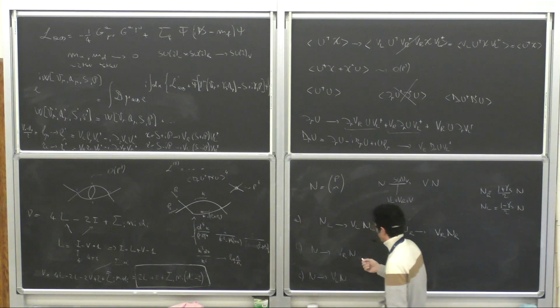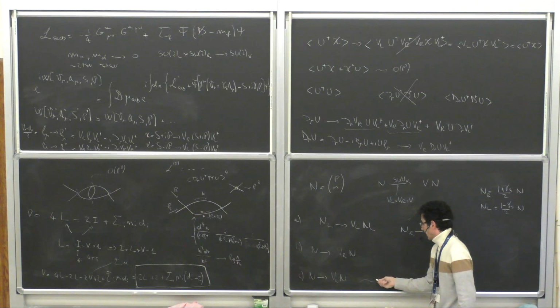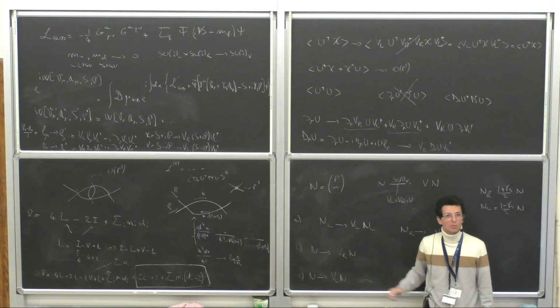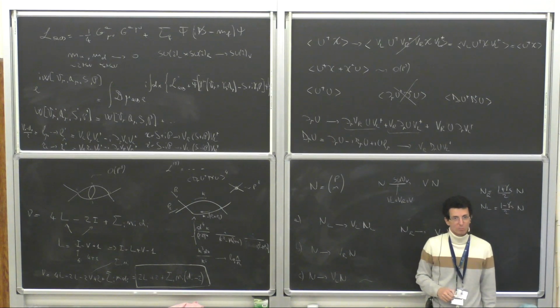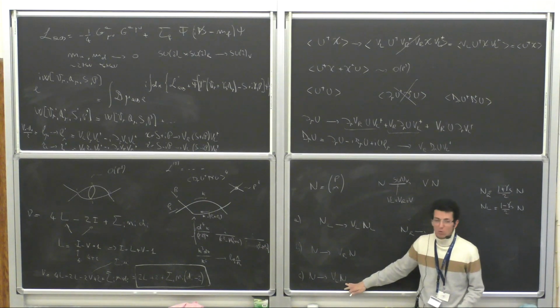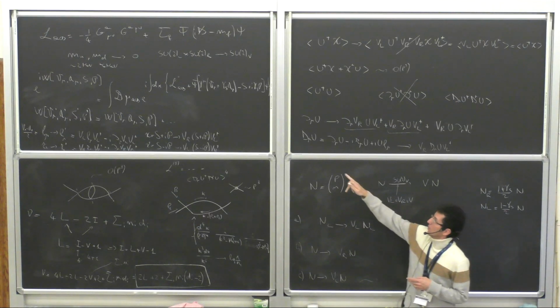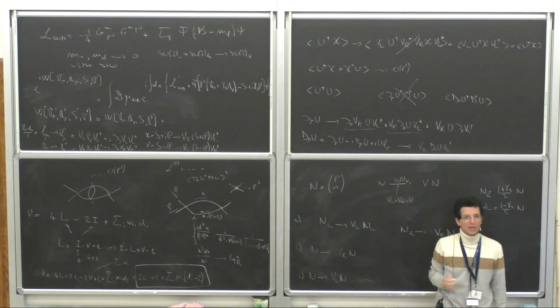How is it possible that we have the freedom to choose the representation for the nucleon fields? Suppose that we decide that the nucleon field transforms in this way under a chiral transformation, so somehow the nucleons only fill the left part of the chiral group.